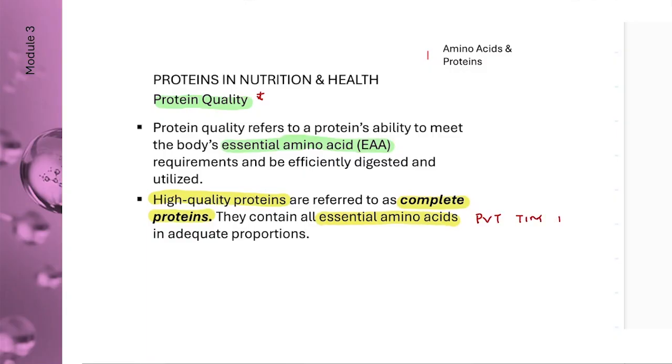So PVT TIM HALL is what you always have to watch out for in any diet, and you have to ask yourself, this protein that I'm getting from here, from there, does it have all the essential amino acids? As nutritionists, we have to know this, and a meal or a diet that has all of this we call a complete protein in that sense.